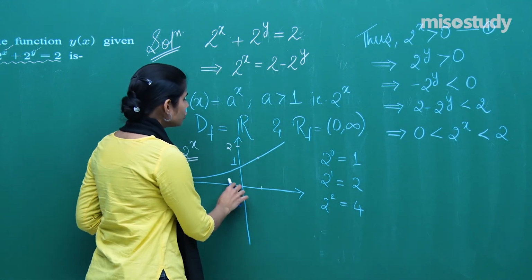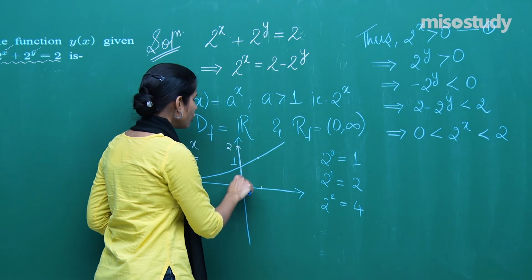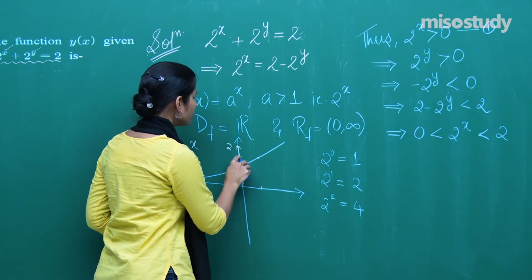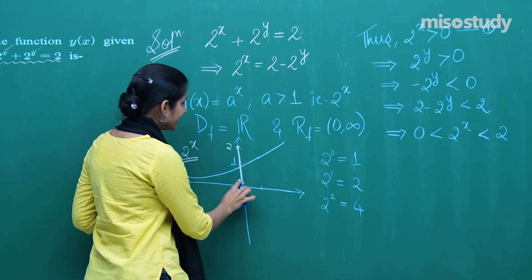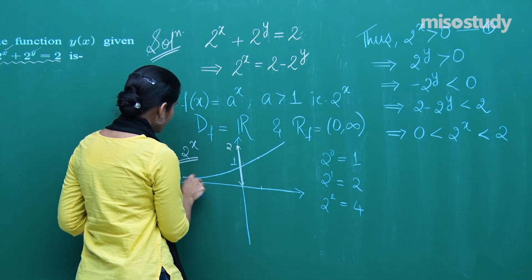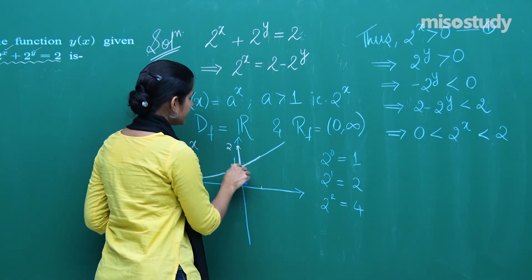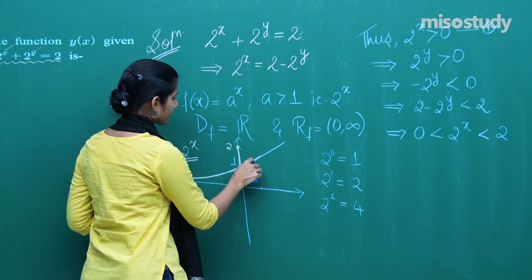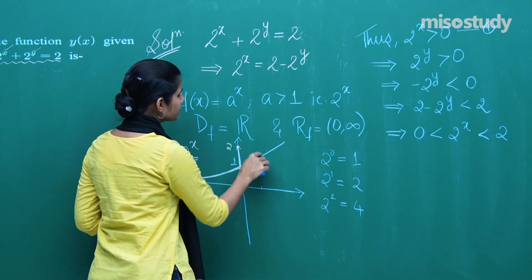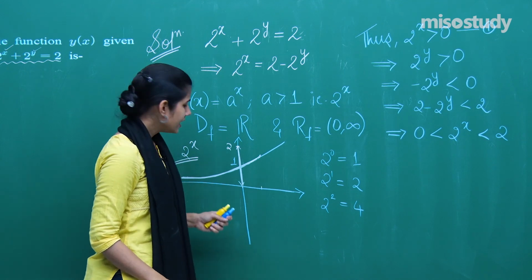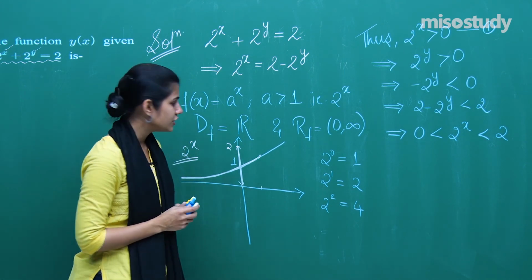Well, it is between 0 and 2 when the graph is basically from here till here. It is this portion of the graph which corresponds to f(x) lying between 0 and 2, or 2 to the power x lying between 0 and 2.